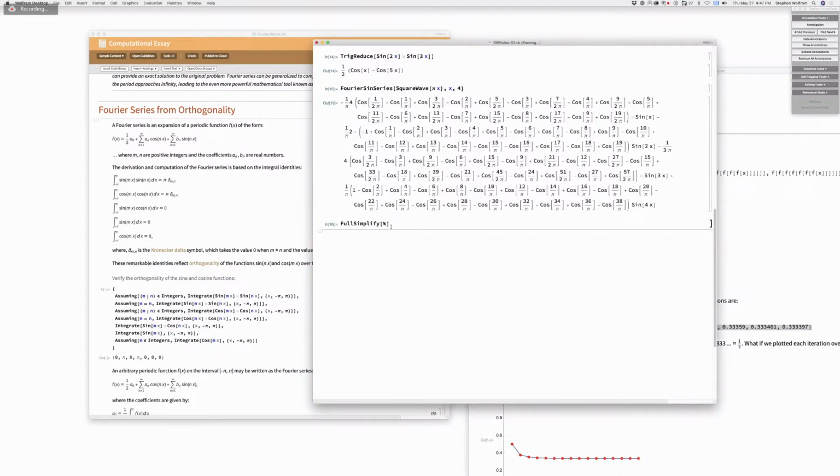Is there a Fourier n? No. Well, I don't know. Anyway, okay, so let's just take this and let's take the first 3 terms of that and so on.